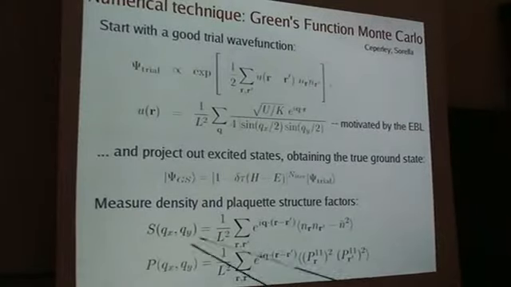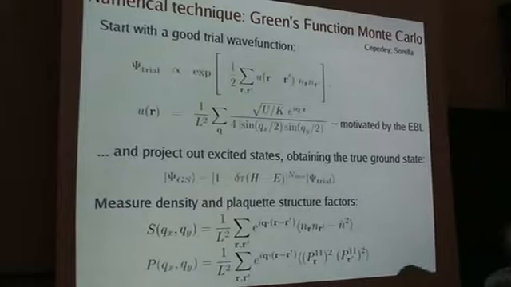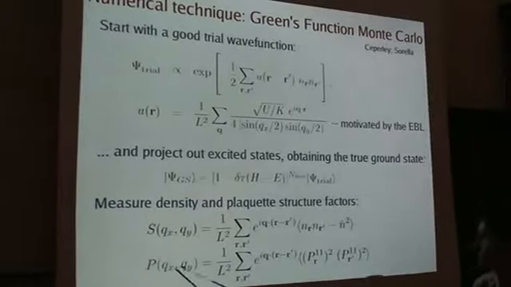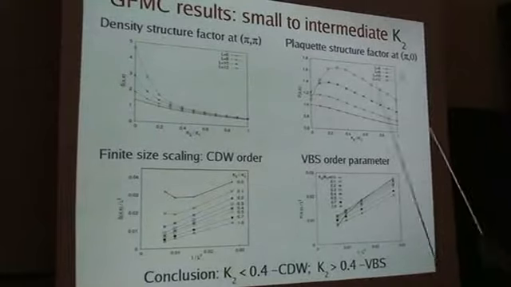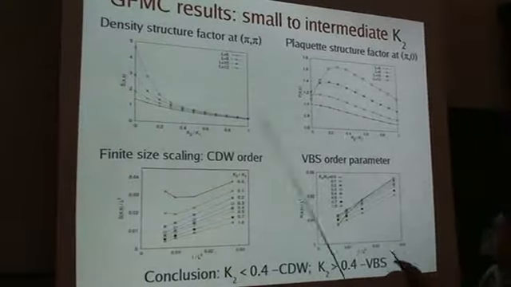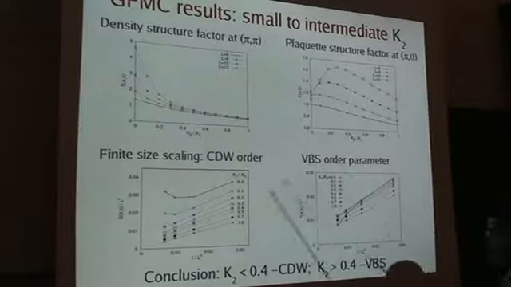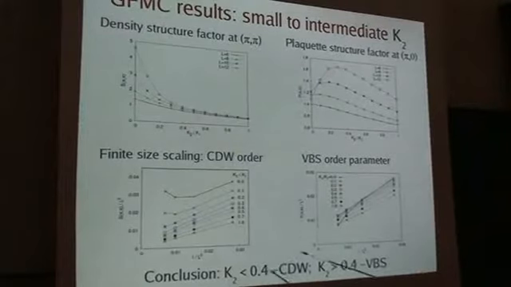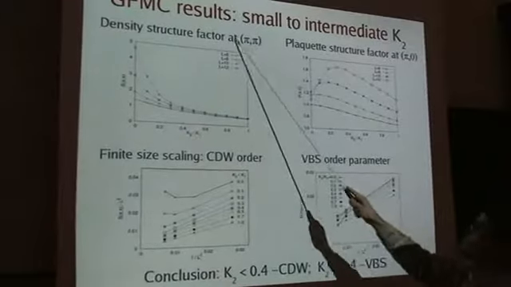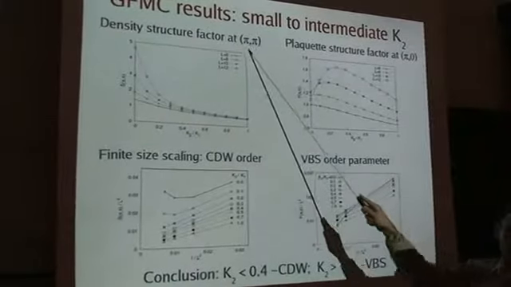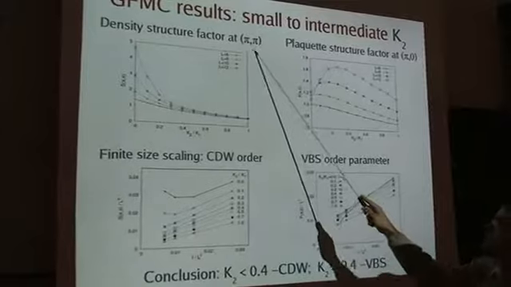So we measure the density structure factor, which is just the Fourier transform of the density correlator, and we measure the plaquette structure factor. And these are the results for small to intermediate K2, from which I deduced the phase diagram I mentioned earlier. On the left panel is the density structure factor at wave vector (pi, pi), where we expect CDW order.